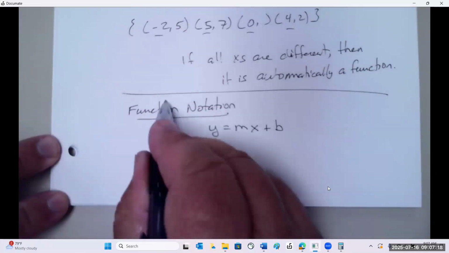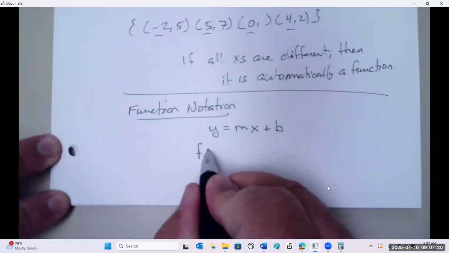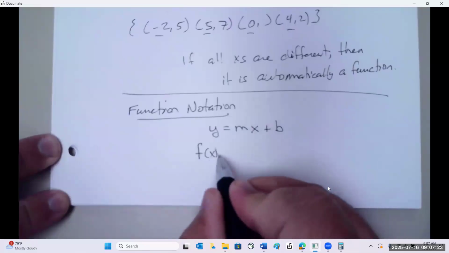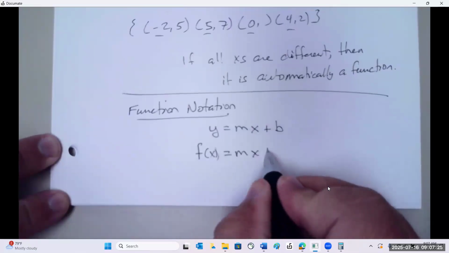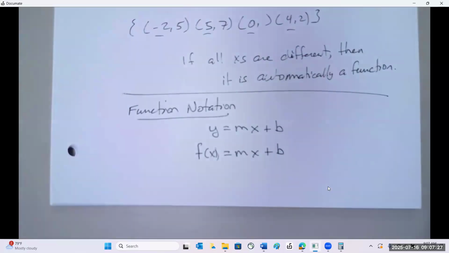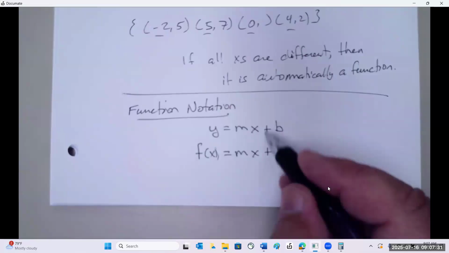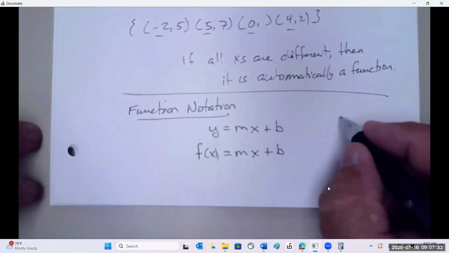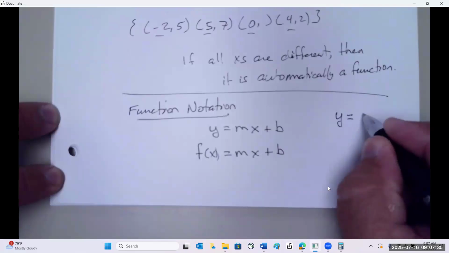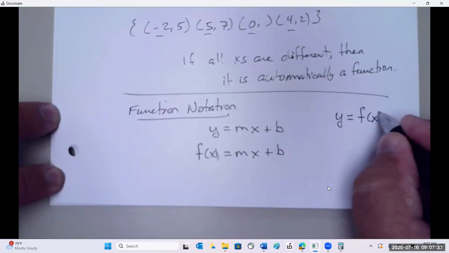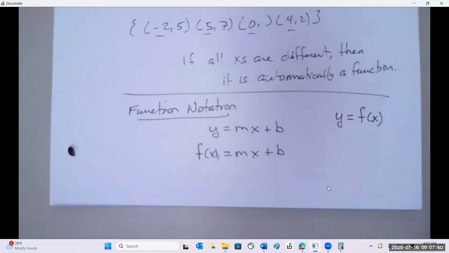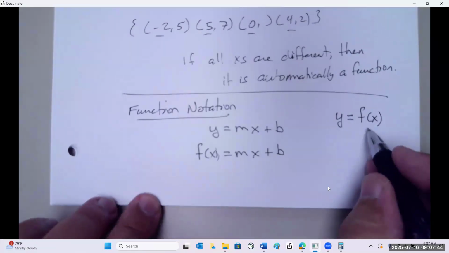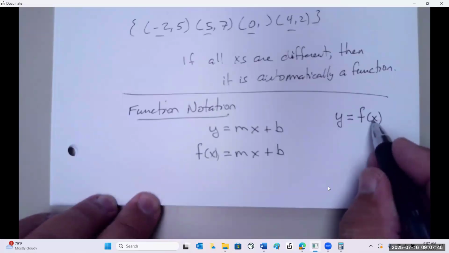When we use function notation, this is what it will look like. The equation part's the same. What we're saying here is instead of writing y, we write that. This is the function notation.